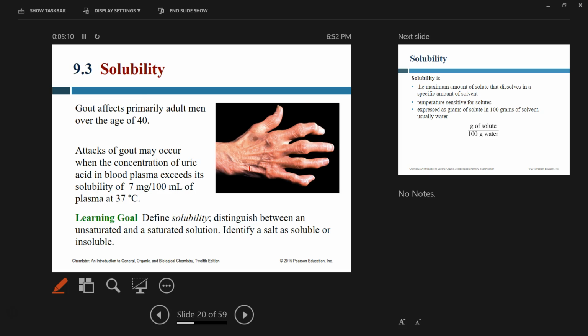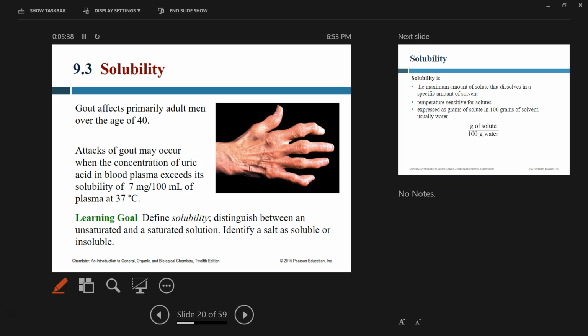Now, solubility. What will happen if you just keep pouring sodium chloride in the water and keep mixing it? At some point, will it stop dissolving? Yes. That will happen when sodium chloride reaches its maximum solubility.